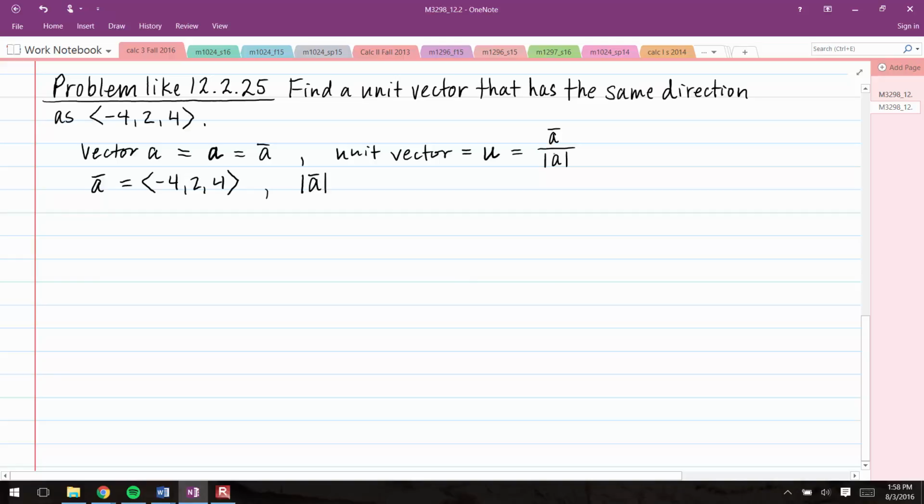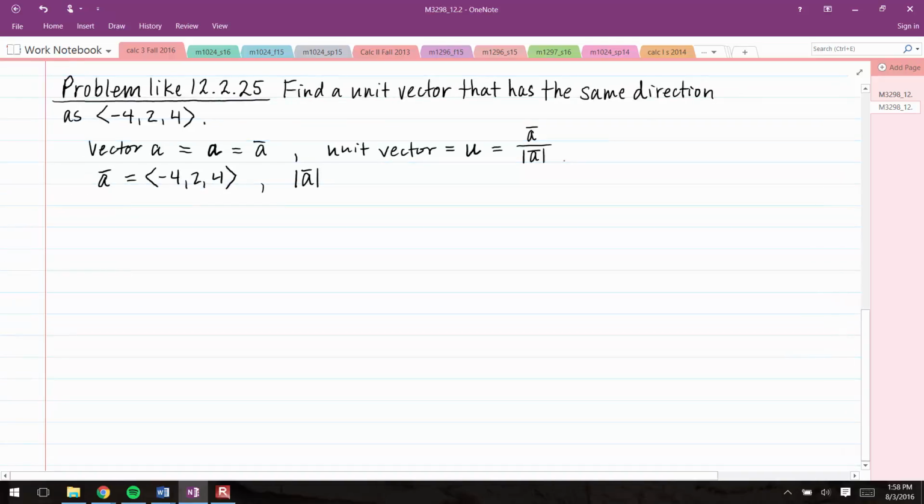And I should be consistent here actually with my notation. If I'm going to use the bar for the vector, I should use it everywhere. And I used the bold-faced U here. Anyway, we'll leave that alone, I guess. Not to be too picky. So anyway, moving forward here, let's go ahead and find that magnitude of our vector.